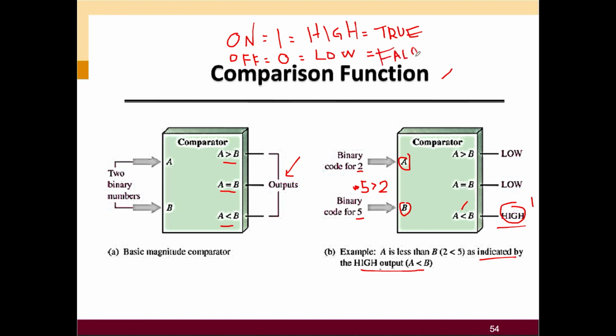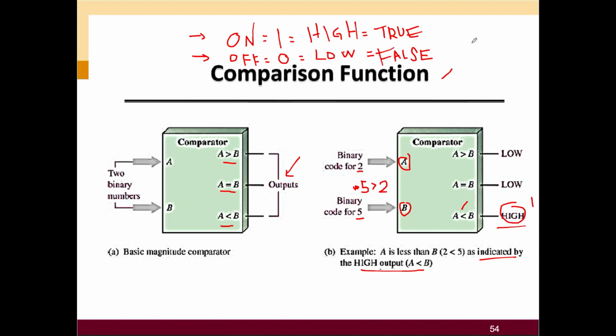So please remember this, because sometimes in a question it mentions false, and you get quite confused. False is 1 or 0? So these are two basic pieces of information that you need to know. On equal to 1 or equal to high, and also equal to true.